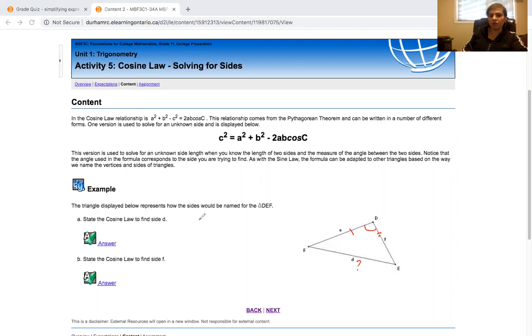These are the given. So D squared equals E squared plus F squared minus 2EF cosine D, right? So you can rewrite these formulas with any letters, with any given information. All right?